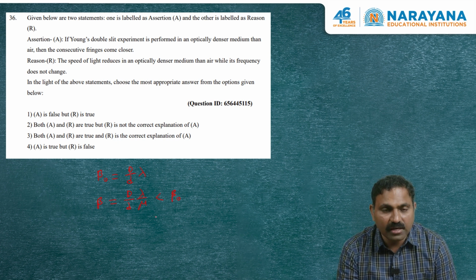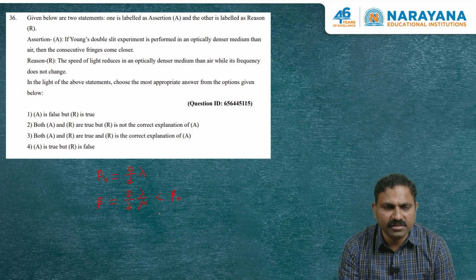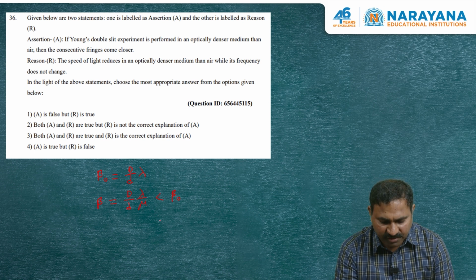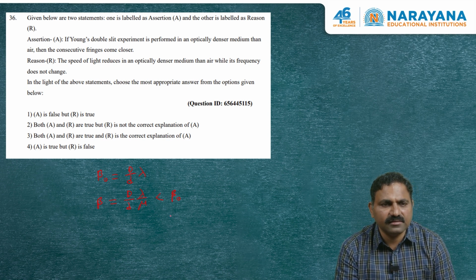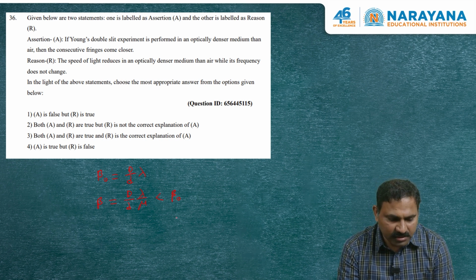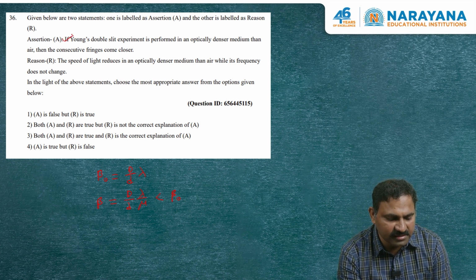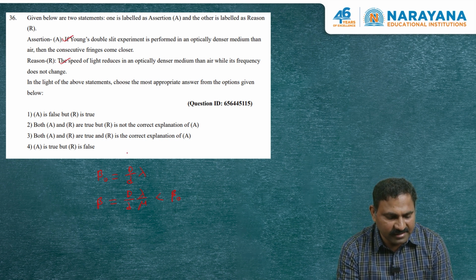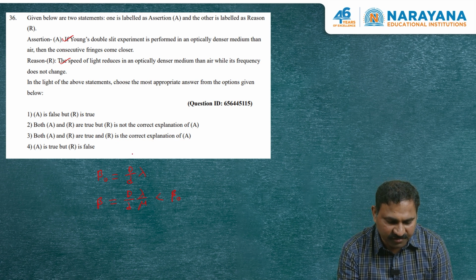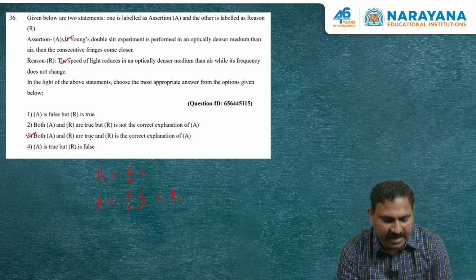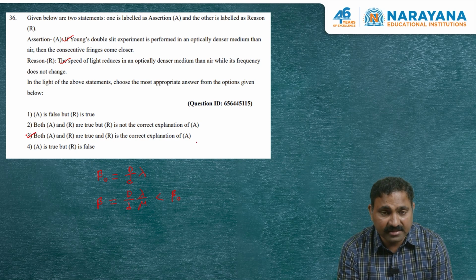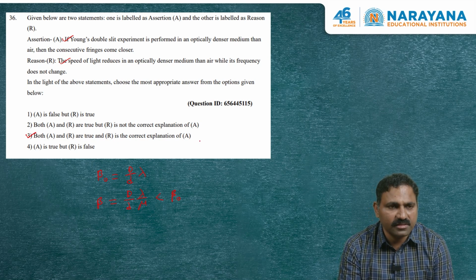This is because the wavelength of light is reduced in the medium having refractive index mu, because the speed of light is less than that in air. So the first statement is correct, the second statement is also correct, and the second statement is the correct explanation of the first statement. So the answer is the third option: both A and R are true and R is the correct explanation of A. Let us go to the next question.